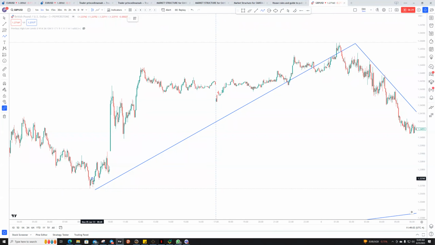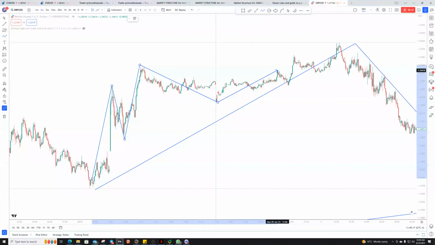The market moved here, came down, moved up, came all the way down here, and then moved all the way up here. Or we could say it moved up here, but this up did not take over this, so we don't consider that. So we take this high rather.